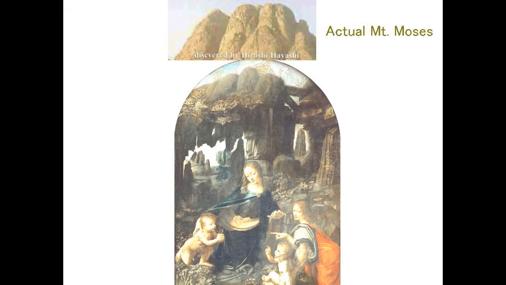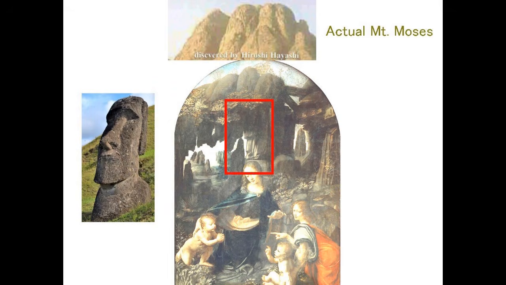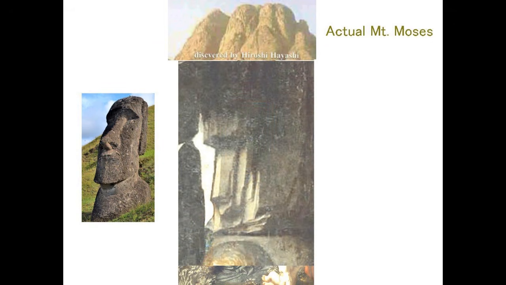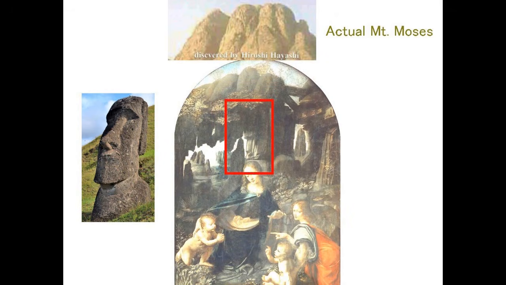Next, you can see that in the center of the picture, a rock that looks like a human face is drawn. The face is very similar to the face of the Moai on Easter Island. But have a look again at something more interesting on the left side of the face, something which looks like a human hand drawn upwards.